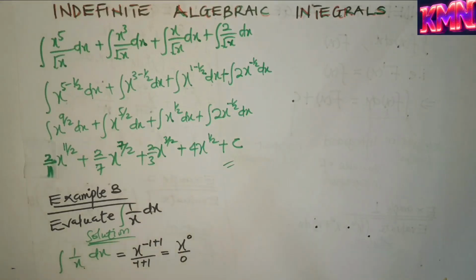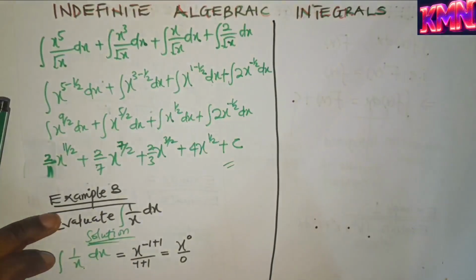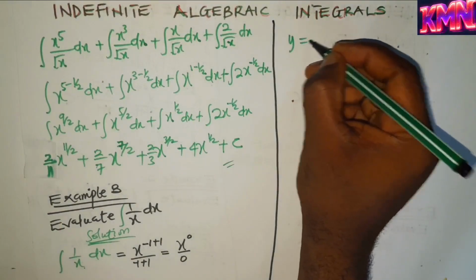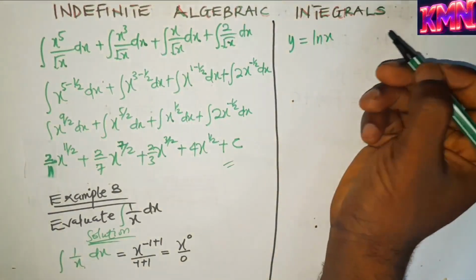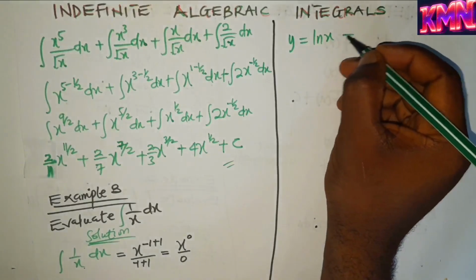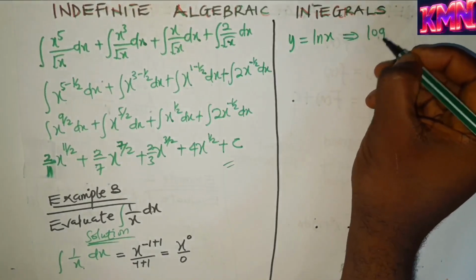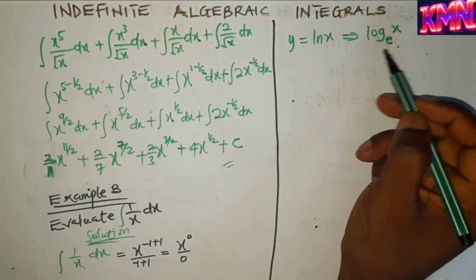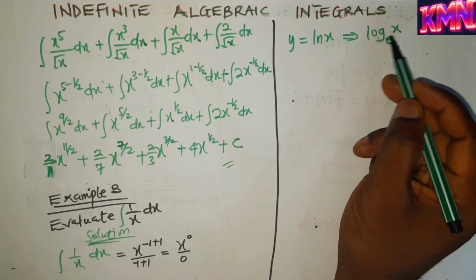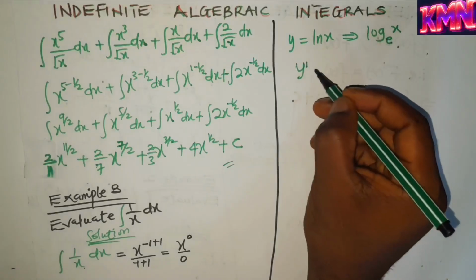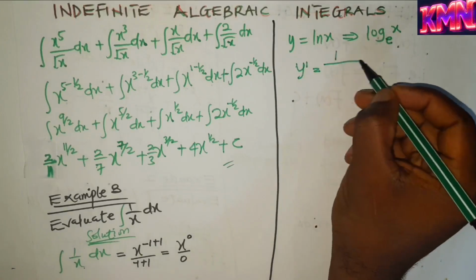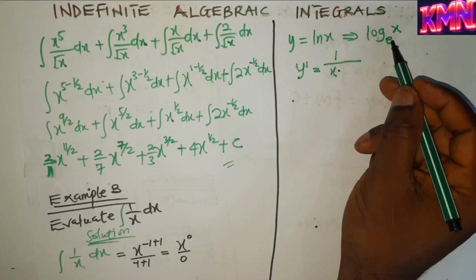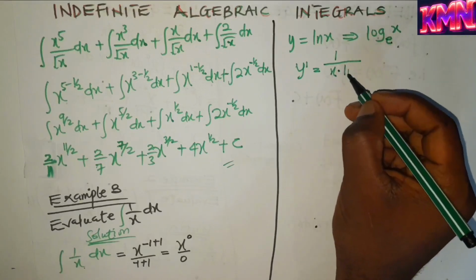We need to do some revision on basic differentiation. From basic differentiation, you learned that when we have y equals ln of x, this is the same as having a log to the base e of x. When we have a logarithmic function and we want to differentiate, y prime will become 1 on the function x times the natural log of the base, ln e.